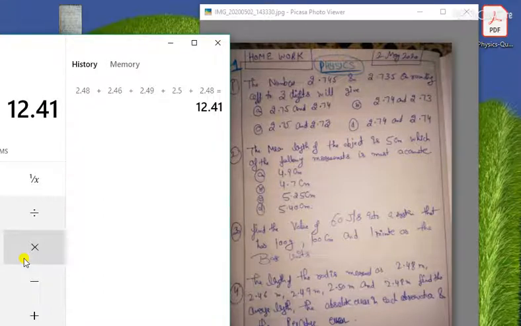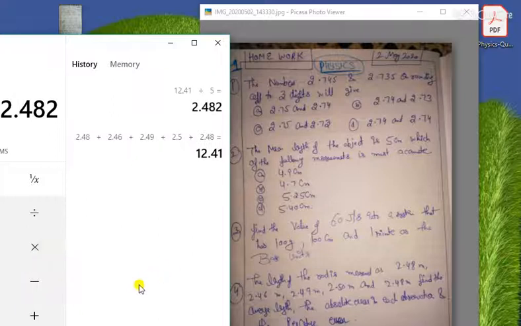So its sum is 12.41. We have to divide it by 1 2 3 4 5, so I have to divide it by 5. So 2.482, this is the average length. So the average length comes out to be 2.482.